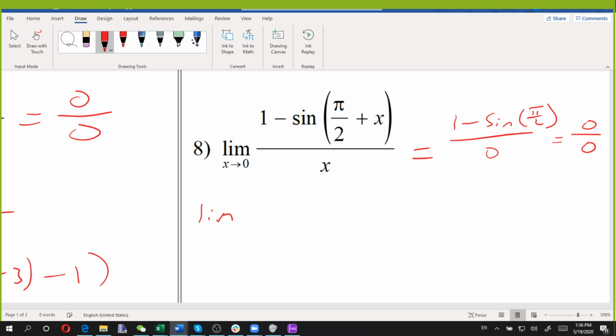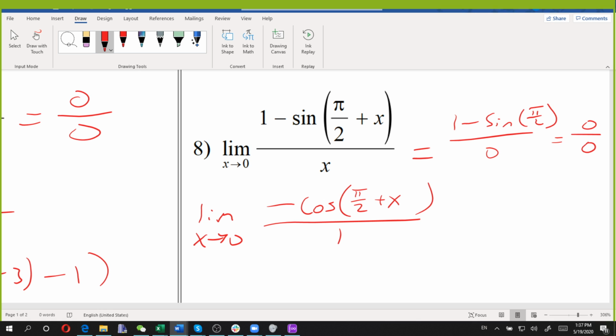So what happens if I derive the numerator? Negative cosine of pi over 2 plus x, divided by 1. Okay, I'm not deriving the whole fraction.